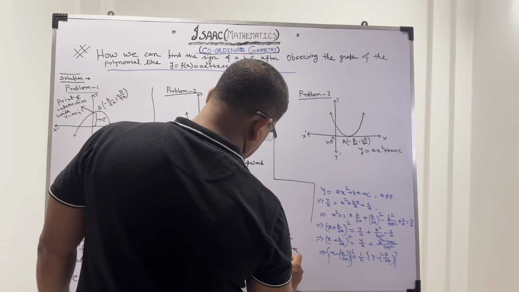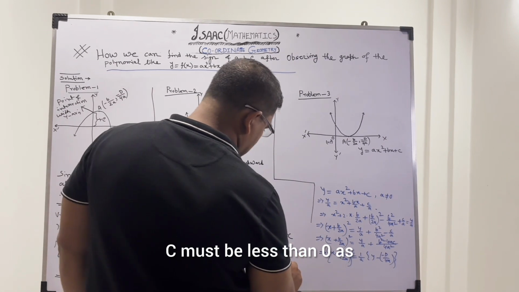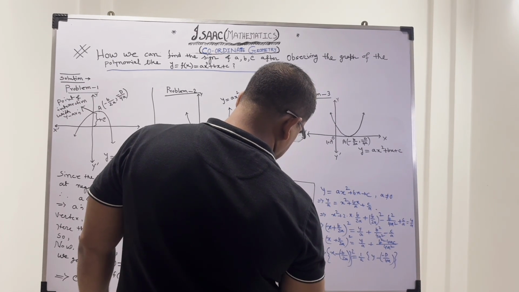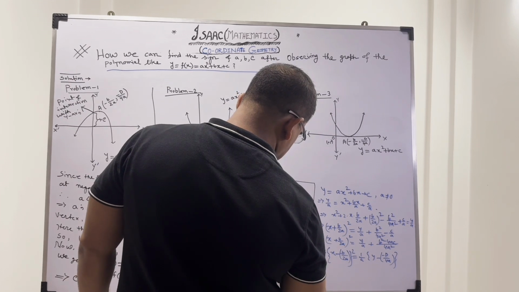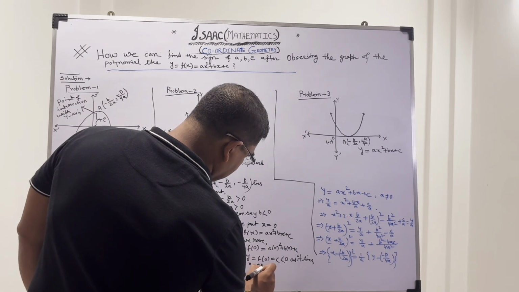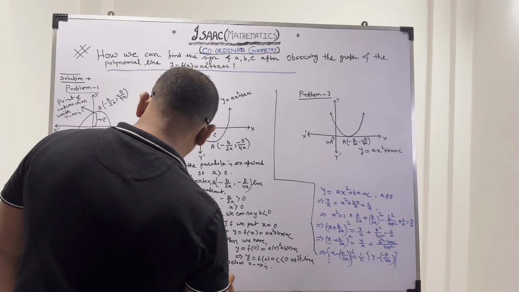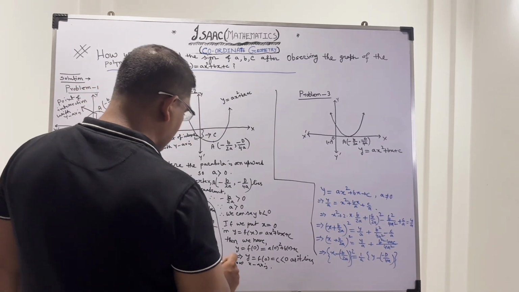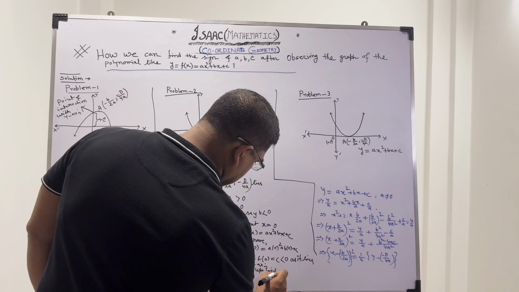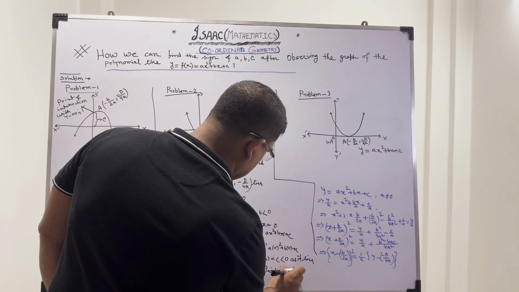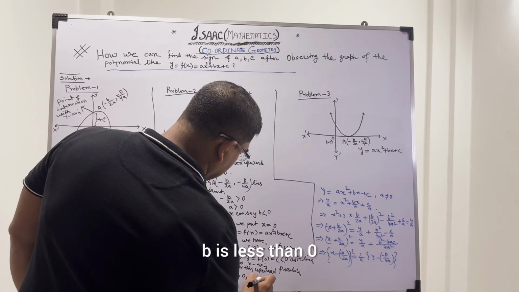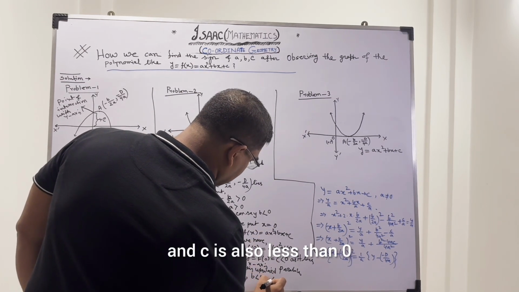Therefore, c must be less than 0, as it lies below the x-axis. So for this upward parabola, a is greater than 0, b is less than 0, and c is also less than 0.